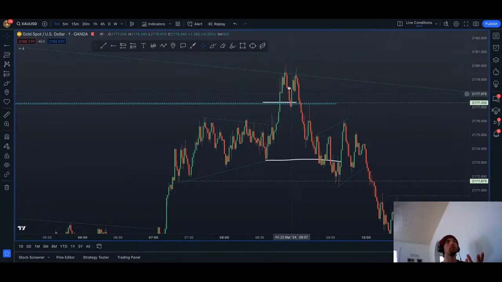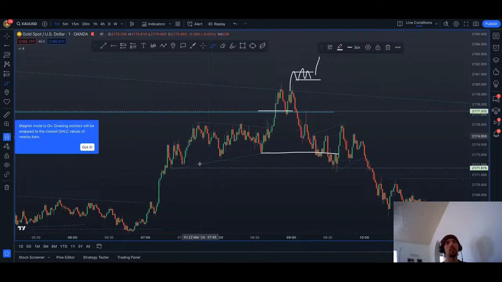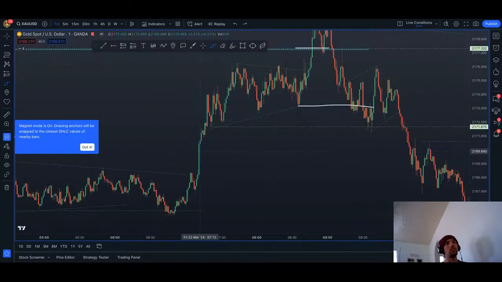So after price failed to go higher, and we got a break back below here, and it gave us this break below here. These are the main two crucial ones that you need to pay attention to.